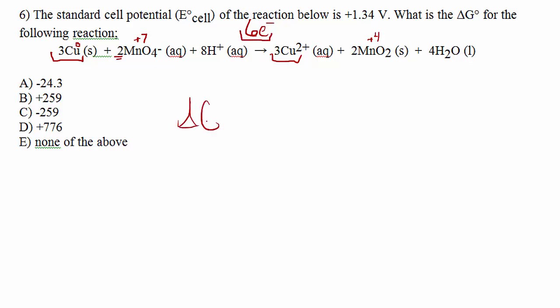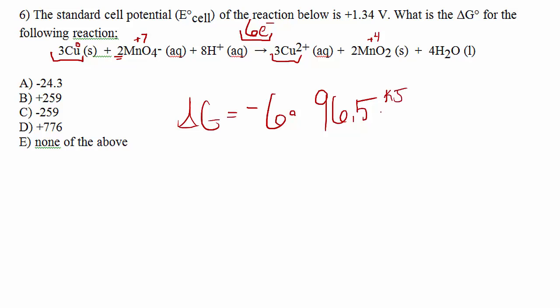So I know my delta G is equal to negative 6 times F, which is 96.5 or 96500, depending on whatever units you want to use.